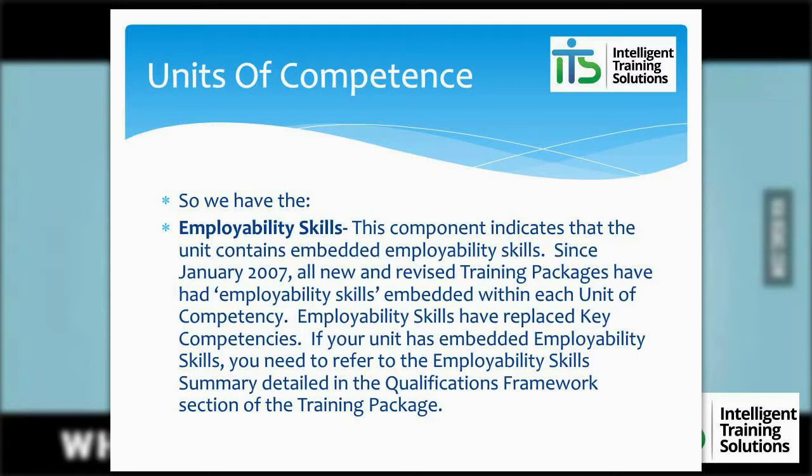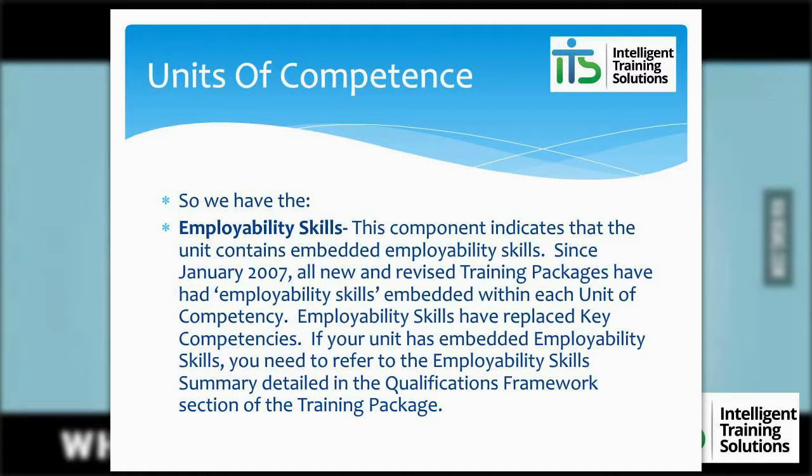When employability skills first came out, there was a huge rush in auditing and everything like that to make sure they were being taken care of. Then you'd get a new unit of competence and read it, and instead of the unit specifically telling you where the employability skills were written in, where they had to do communication or demonstrate that they can get along with others, the units just kept on saying employability skills has been written throughout this document.